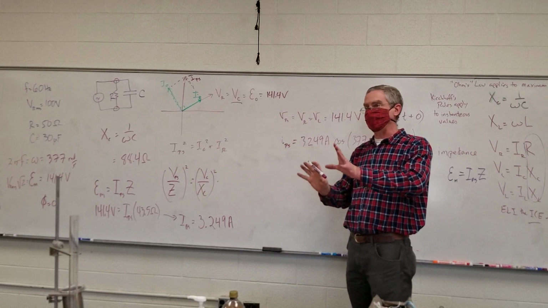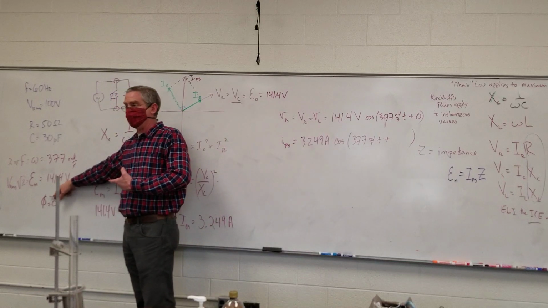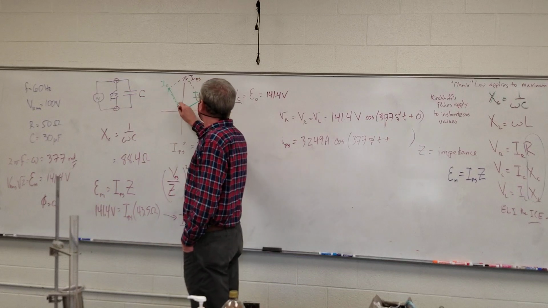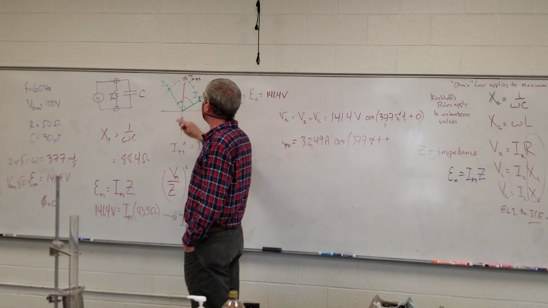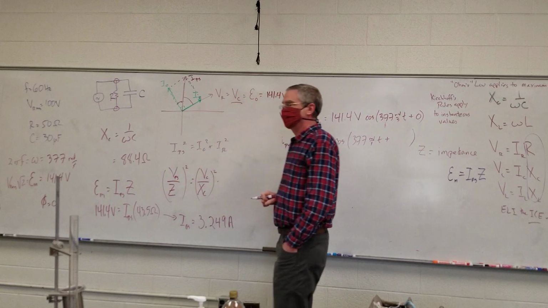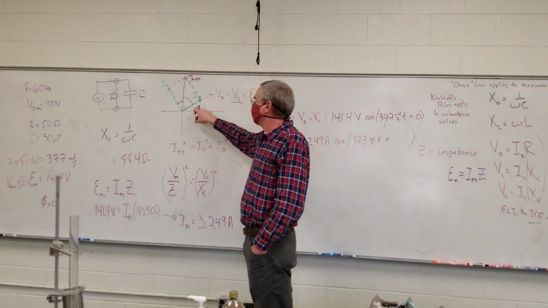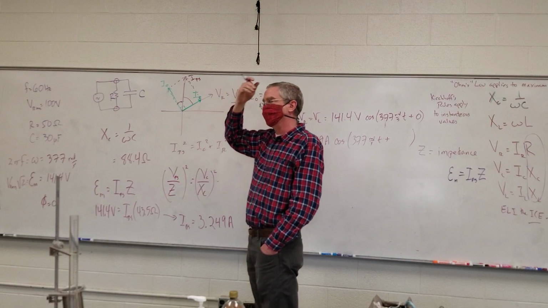We have three different angles involved here. We have the initial phase of my power supply, which is 0. We have this angle between IC and IPS, and then between IPS and IR. There is an angle here, but that's just because I drew this up in the first quadrant. I could have drawn my first vector anywhere.